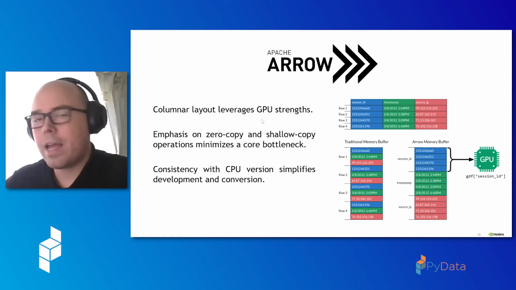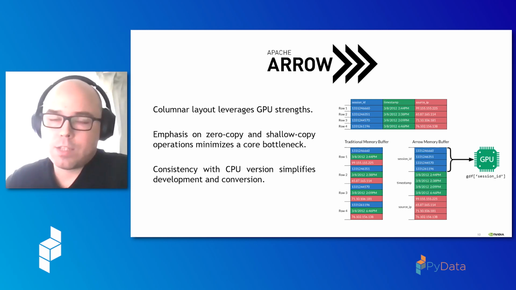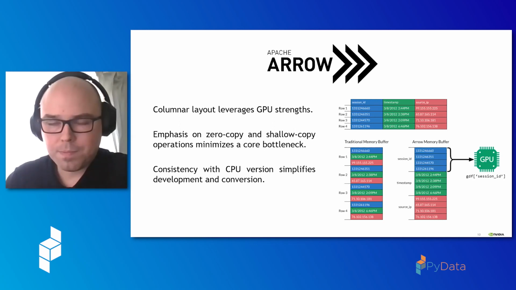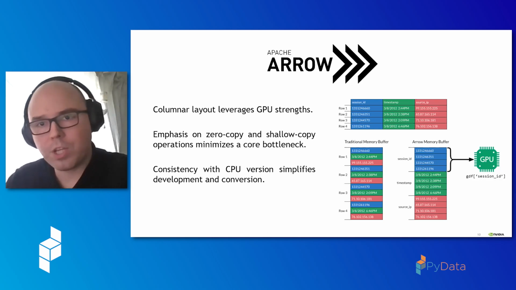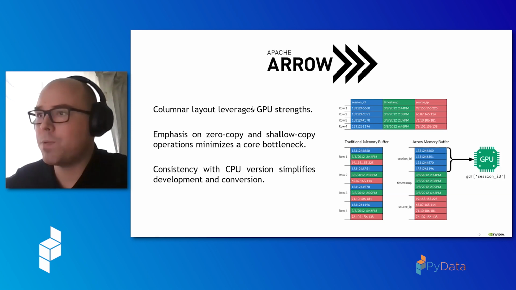Its emphasis is on minimizing data movement whenever possible. As you might be aware, data movement is one of the most expensive parts when dealing with GPU compute. There is so much computational power that typically the data movement becomes your major bottleneck. That's why it was very important for us to optimize that process.